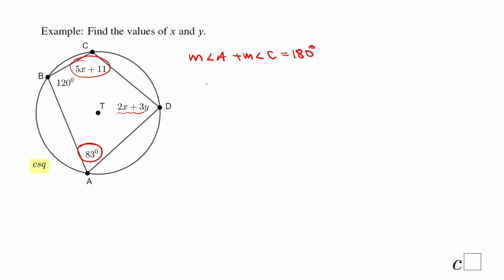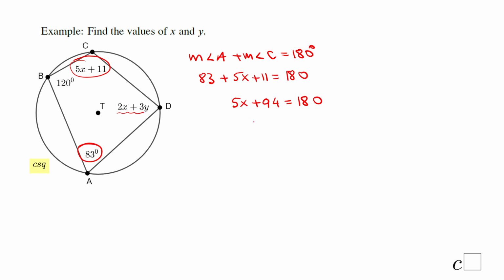If you said that, that's great, because that's how they are. And now I'm going to write the algebraic statement. 83 plus 5x plus 11 equals 180. So we have here 5x plus 83 plus 11, it's 94 equals 180.